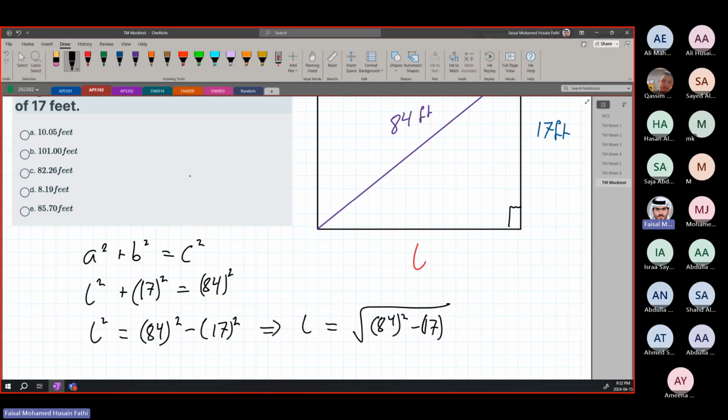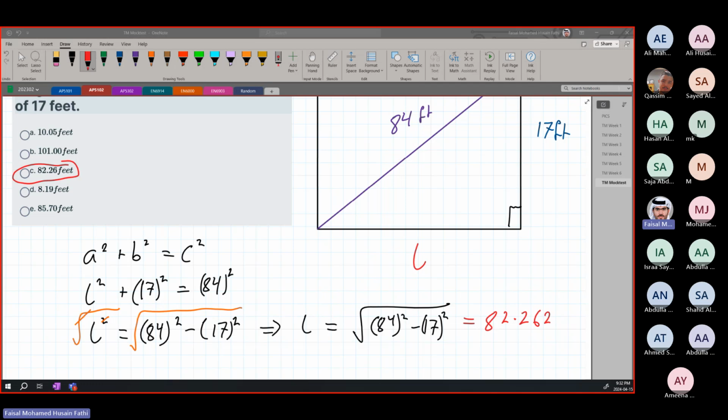Again, remember, we take the square root here to cancel the power 2, so we have to do a square root here as well. Put that in the calculator: 84 squared minus 17 squared, square root of that is equal to 82.262. So 82.26, which is C. All right, very simple question, Pythagoras, simple way to solve.